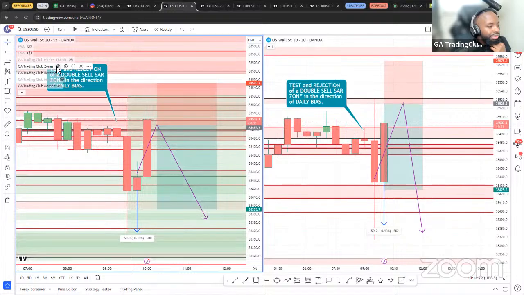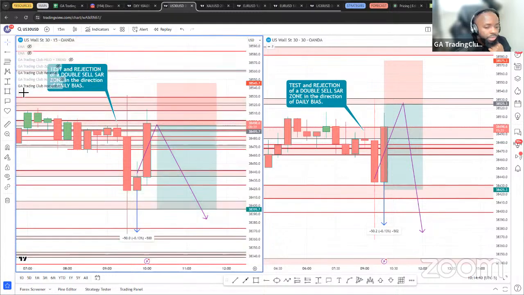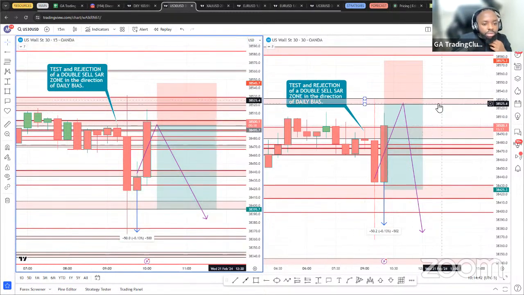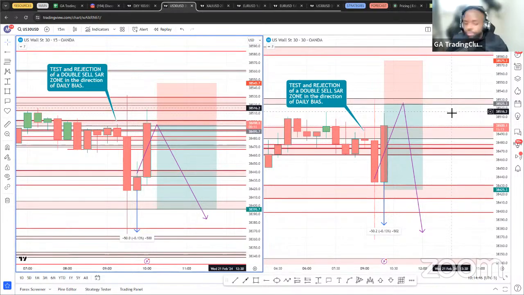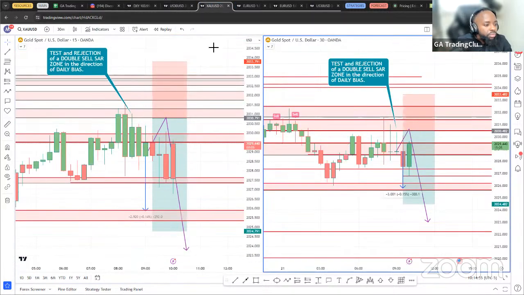I think the 15 minute is the one that had the big green zone. So as much as we have those zones on the 15, no. Gold is coming back up as well.